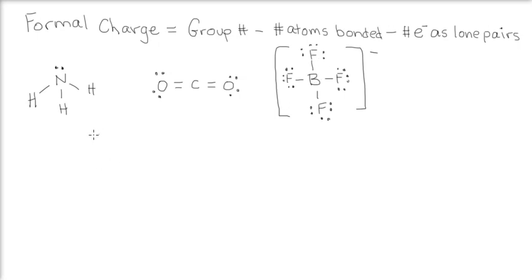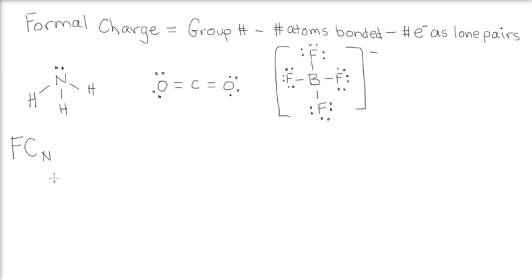So formal charges are calculated for individual elements in a molecule. So each element in the structure has its own formal charge. So we're going to do nitrogen and hydrogen for ammonia. So formal charge, I just abbreviate as FC, and you'll also see it abbreviated that way in many books.